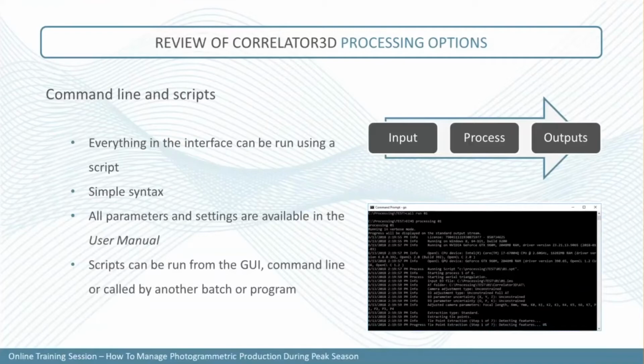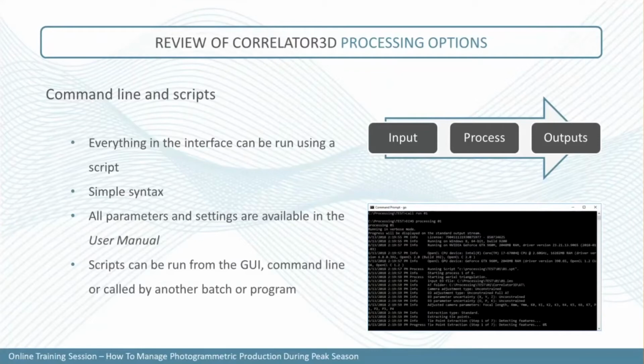The syntax is really intuitive, and I'll also show you all of the parameters that are available in the user manual. Basically, you create your script that contains some input. You can have some processes, and at the end, some output will be generated.